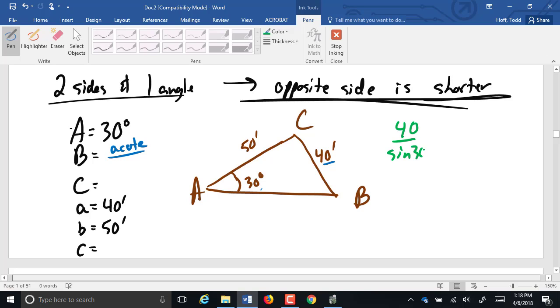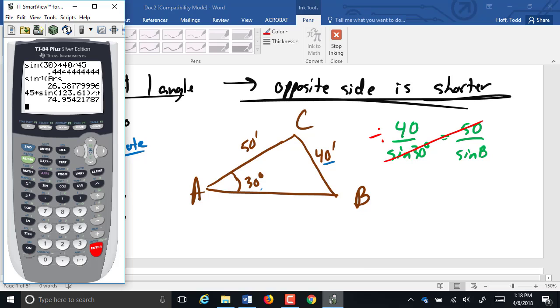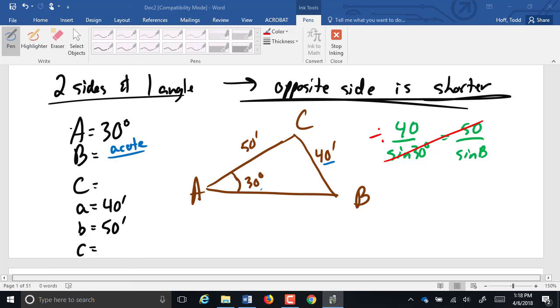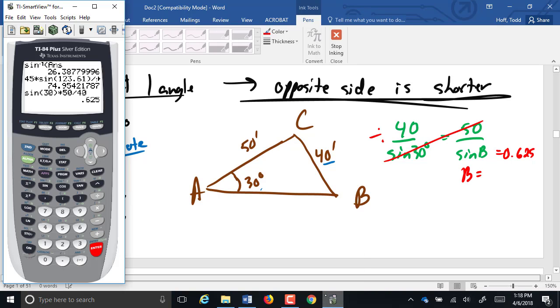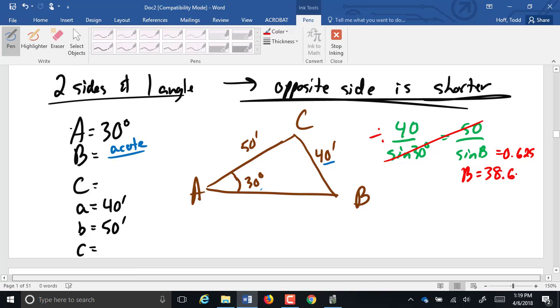40 over the sine of 30 degrees equals 50 over the sine of B. Cross multiply and divide. Sine of 30 times 50 divided by 40. 0.625. So B is the inverse sine of 0.625. 38.68 degrees.